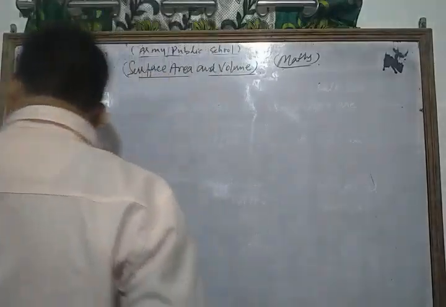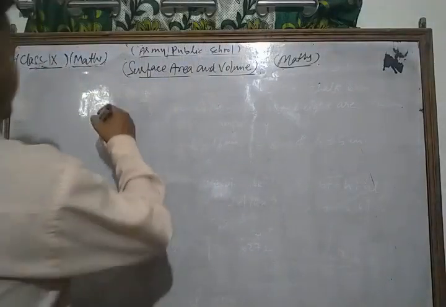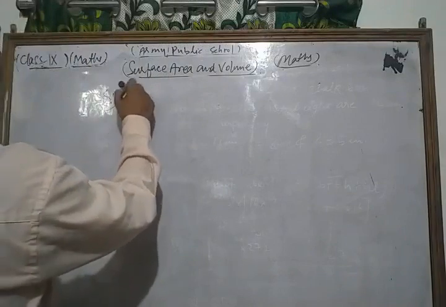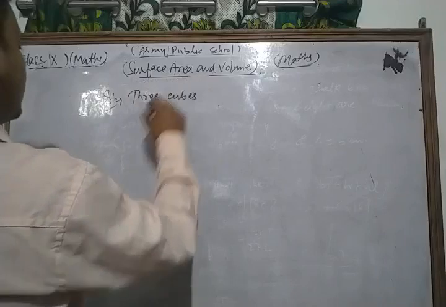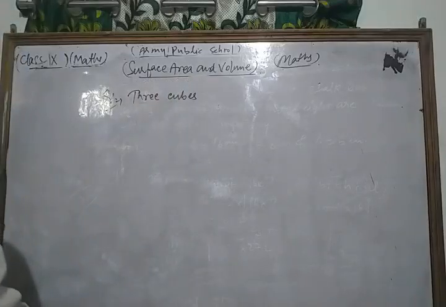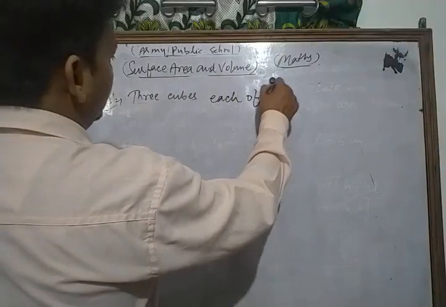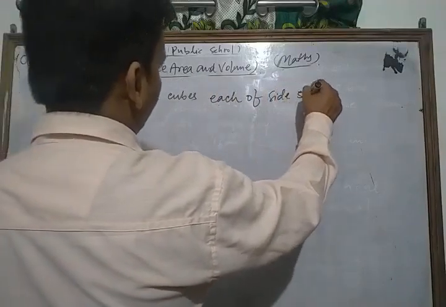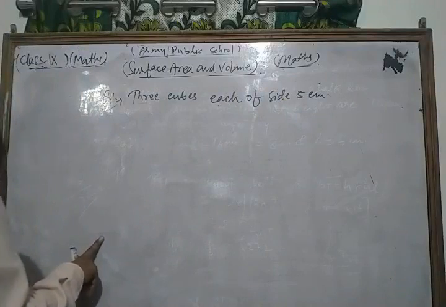Now we take a very important question based on cubes, and your question is: 3 cubes, each of side 5 centimeter, are joined end to end.